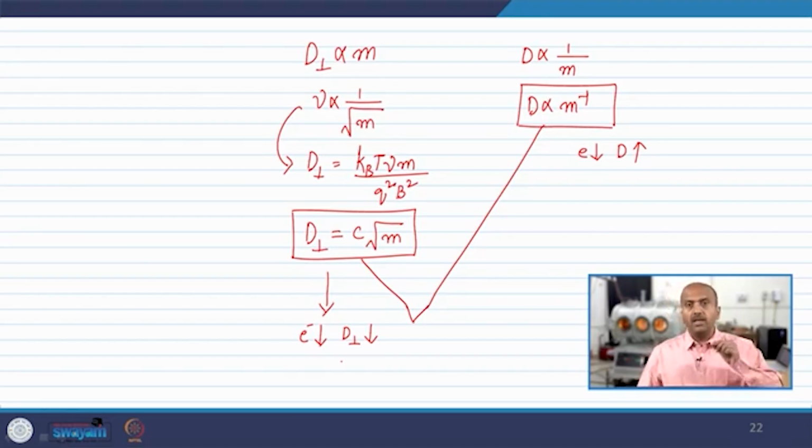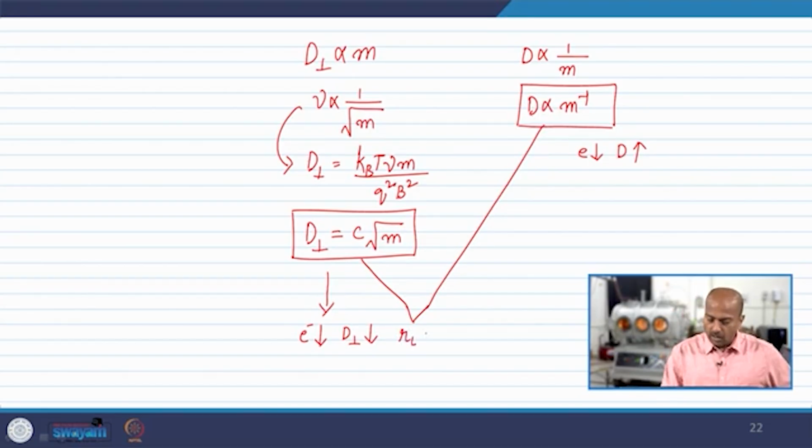The magnetic field will make these electrons gyrate between two successive collisions. They will not travel directly because of the magnetic field. The movement of electron between these collisions will be in a gyrating orbit. Okay. Because the electron's mass is much smaller, the radius of gyration of electron will also be smaller.